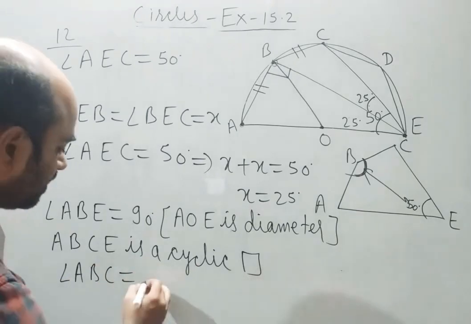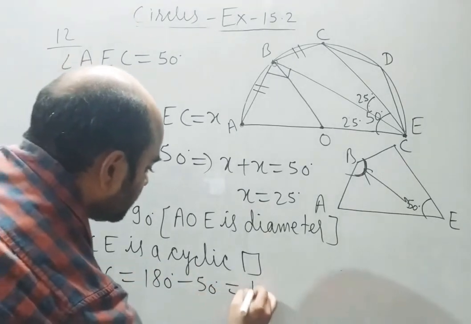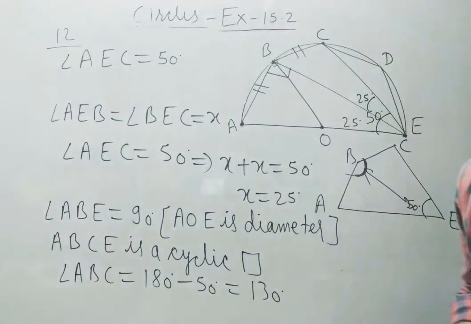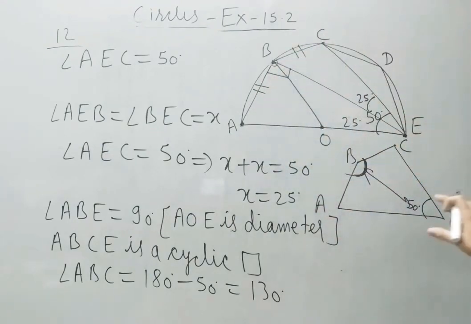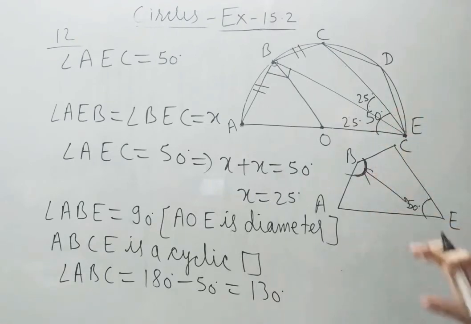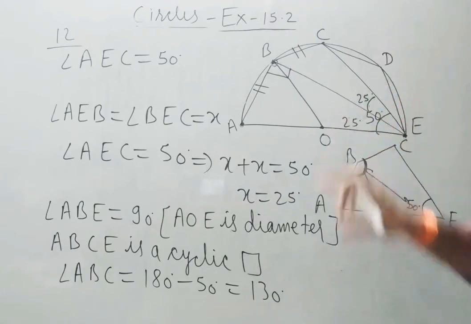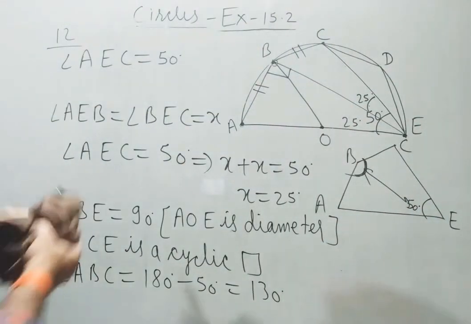Angle ABC will be 180 minus 50 degree, that is 130 degree. Correct? Clear? ABCE is a cyclic quadrilateral. Opposite angles are B and E. This is 50 degree. This will be 130 degree. Okay? Now we have to find angle CBE. Angle CBE.